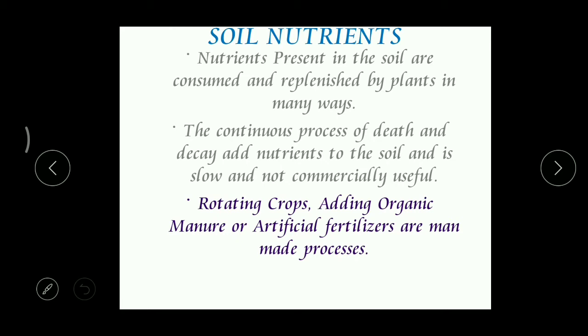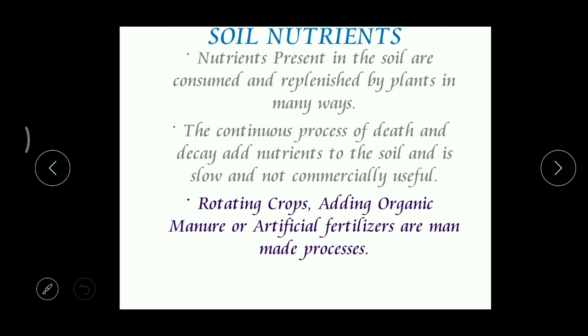In the same way, just like this rice bag, inside the soil also we can find all these nutrients. Whenever the farmer grows a crop in the field, the plants utilize the salts or nutrients from the soil.